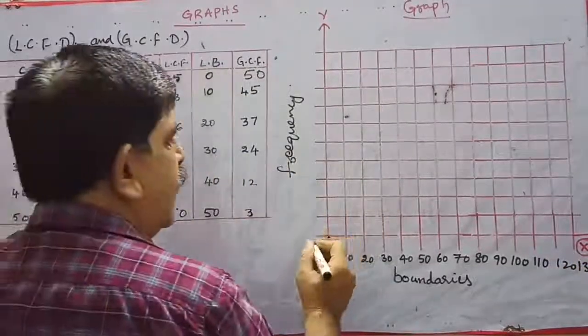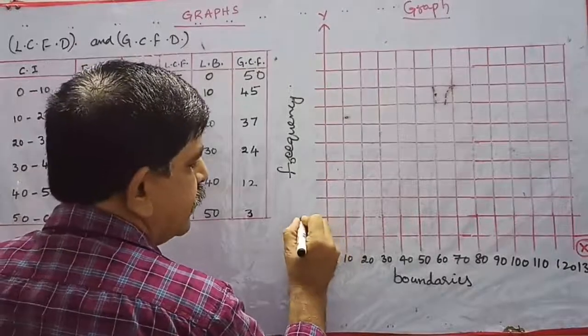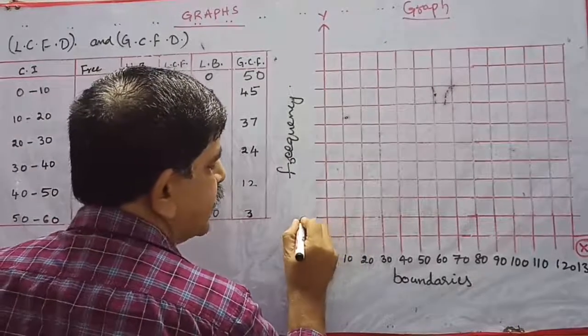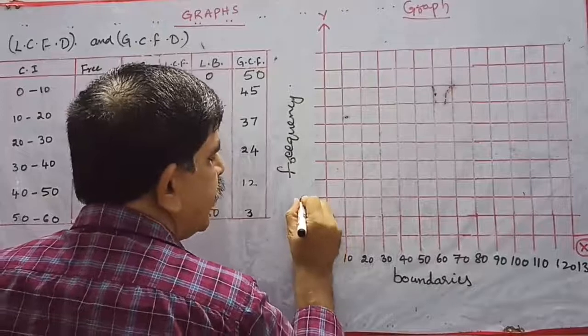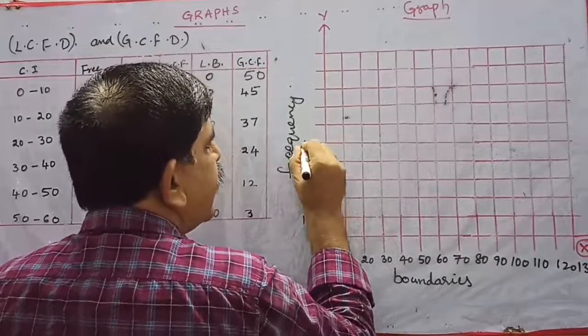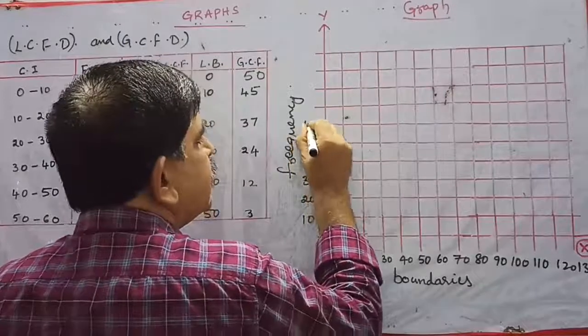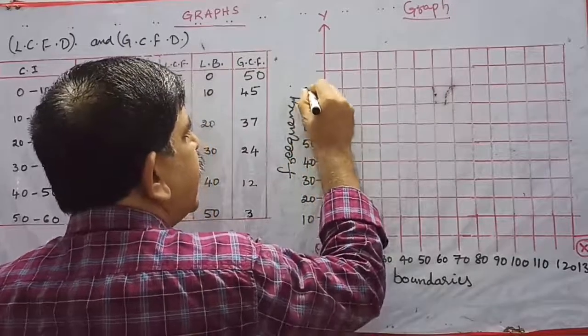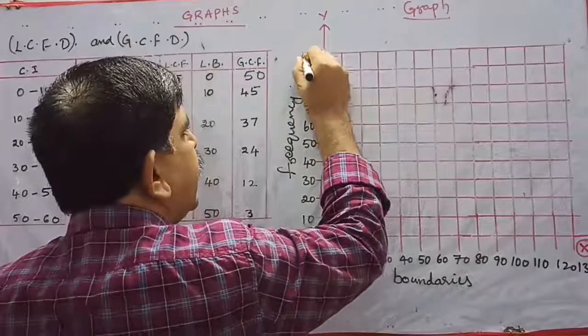Next, I am taking 10 units on the y-axis: 10, 20, up to 100.